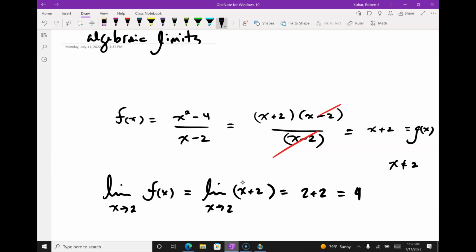When x is 2, I can't plug in here, but I can plug in here. And so when I do it, once I plug in, notice the limit is gone. I already know the height is 4 here. And that's what I get. Algebraic limits, what we're trying to do is rewrite a function as another function where I can plug in.